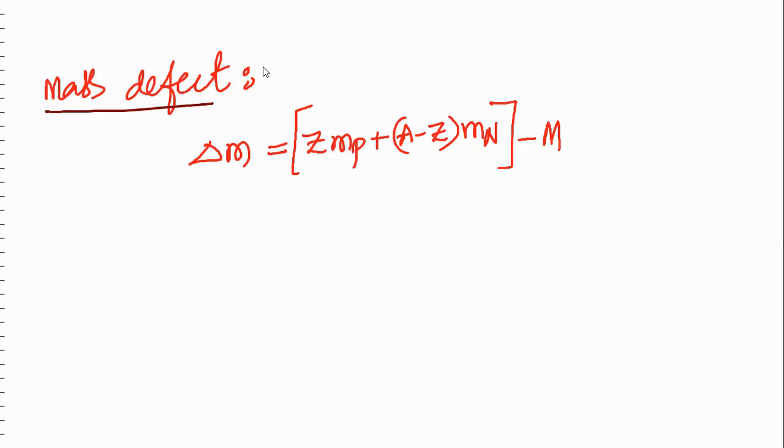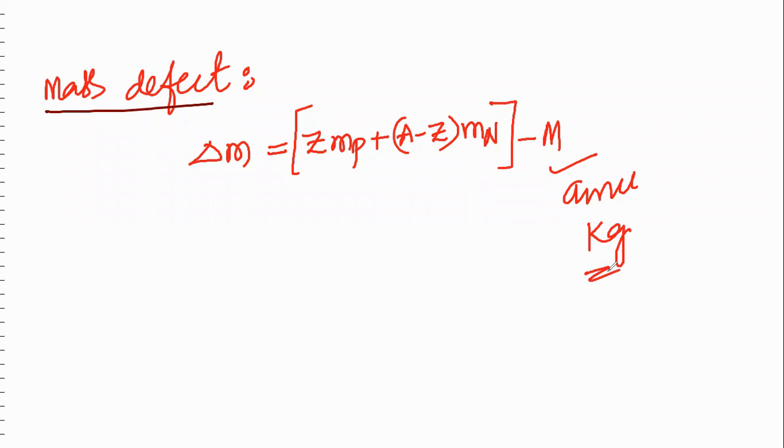The difference between this and the mass of the whole nucleus is called the mass defect, delta M. We may express it in atomic mass units, AMU, or in kgs.